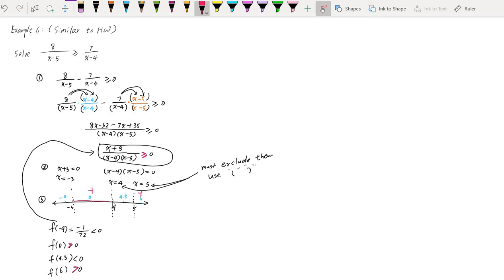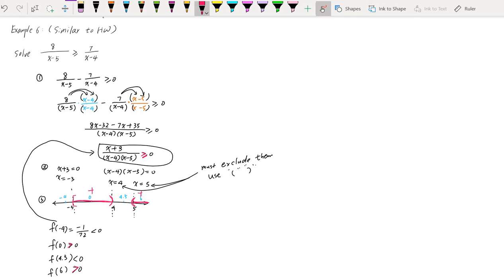I'm going to color this pink as my solution, and this side pink as my solution. Because it's greater or equal, I have negative 3 as a boundary point, so we must use a bracket. Because 4 is a boundary point that comes from the denominator, we must use a parenthesis. And here 5 also comes from the denominator, so we use a parenthesis again.